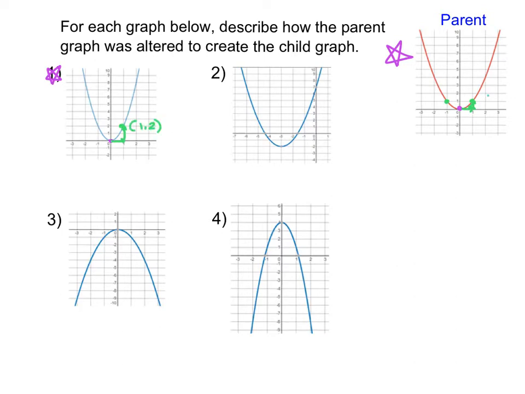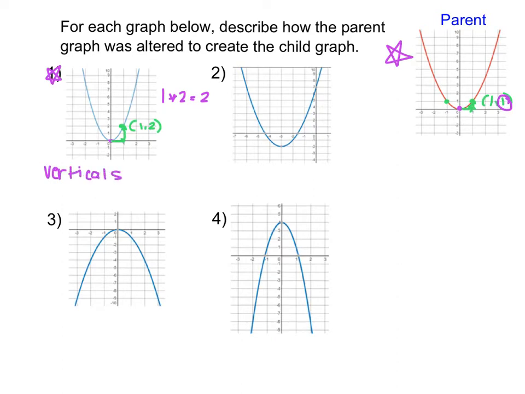So this has a point of 1, 1, and our child has a graph point of 1, 2. And hopefully you're noticing that 2 is 2 times bigger than 1. We created that by multiplying our 1 value here by 2. So because we made it 2 times as tall, we have a vertical stretch here.